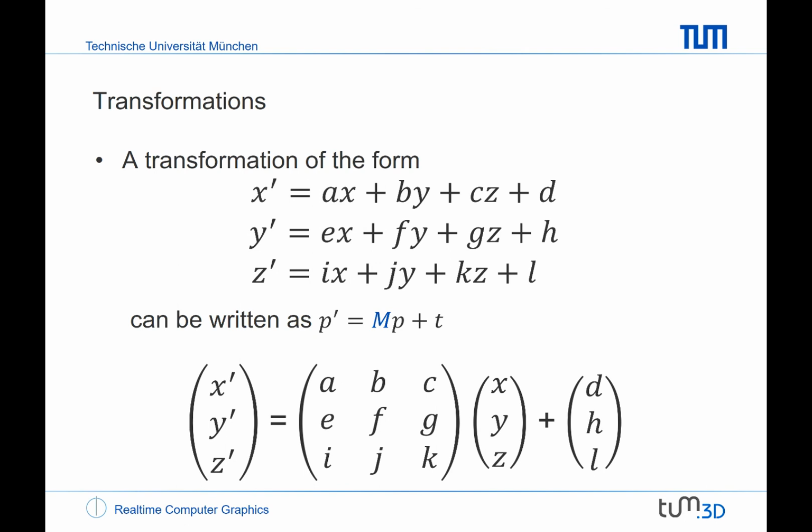The first thing we can do is rewrite this set of equations. We essentially have three equations telling us how the x prime, the y prime, and the z prime component should be computed by using the transformation on the x, y, and z coordinates of the input vertex.